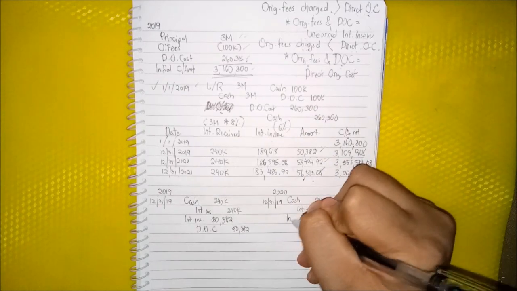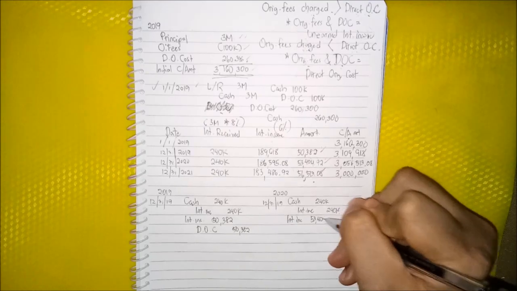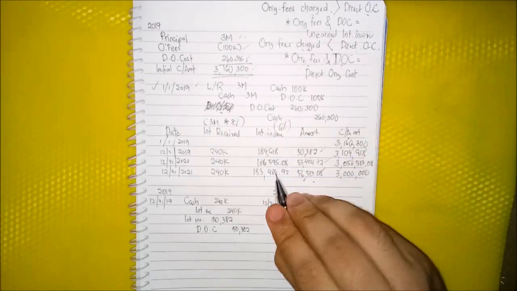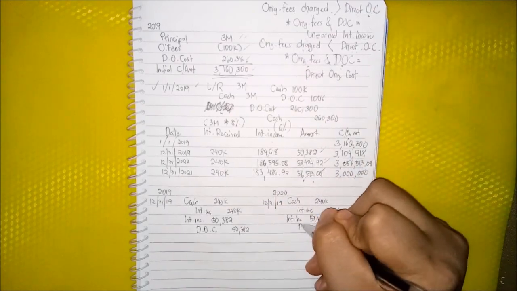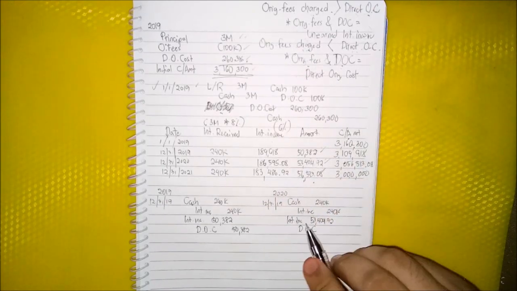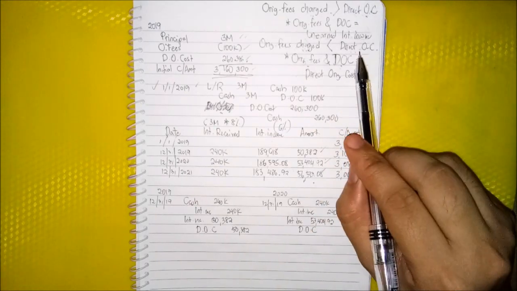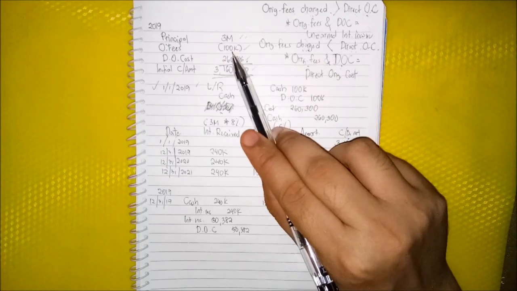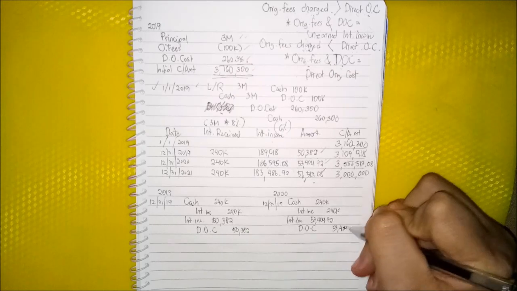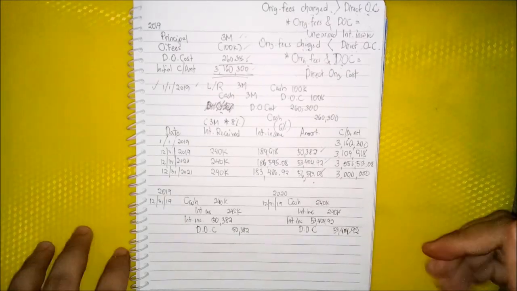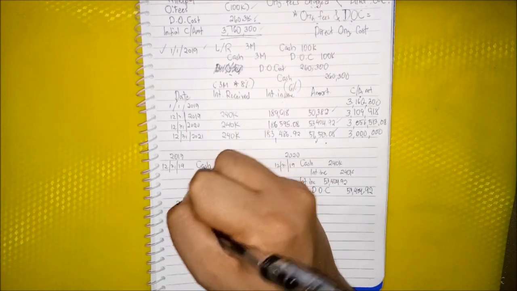So, debit interest income, kasi mababawasan ng interest income ng 53,404.92 para mag-reflect yung true interest income na which is 186. Credit, direct origination cost. So, ina-amortize natin ang direct origination cost kasi mas malaki siya kaysa sa origination fees. 53,404.92.